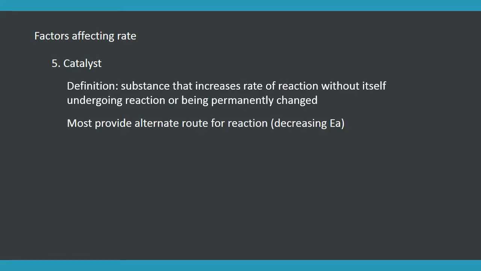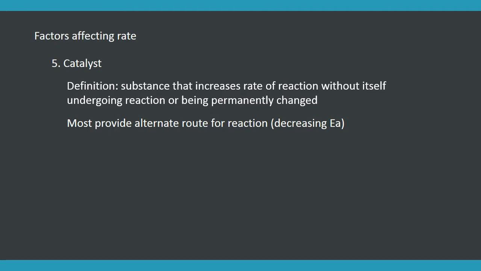Most provide an alternate route for a reaction, and they do that by decreasing the activation energy. So if we have our enthalpy diagram, and we talked about this in topic 5, and we have our reactants, and we have our products, and we have our pathway. And so our activation energy is the hump, right? Well, we expect a catalyst to lower that hump.